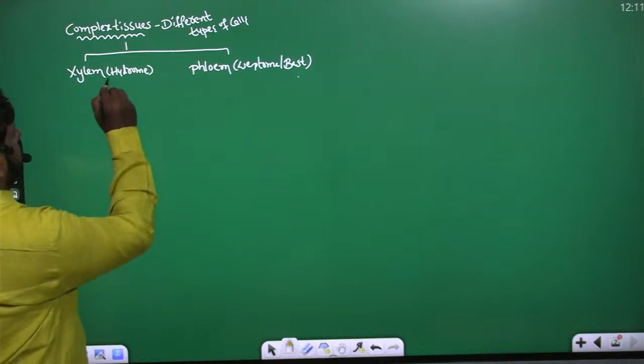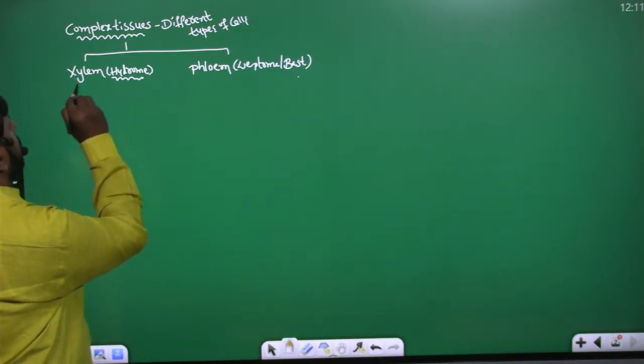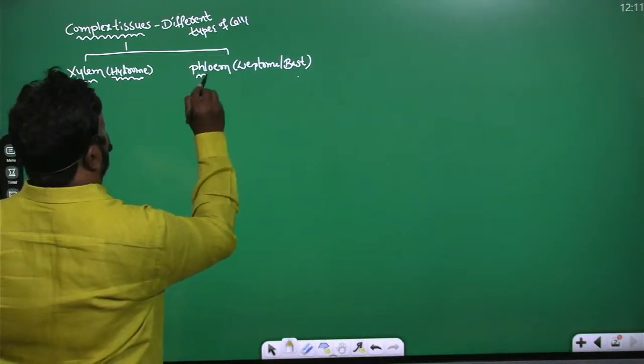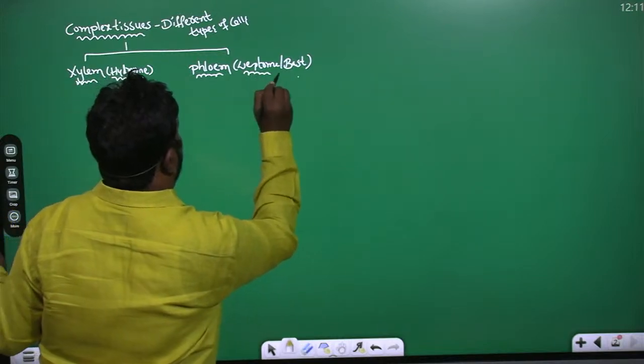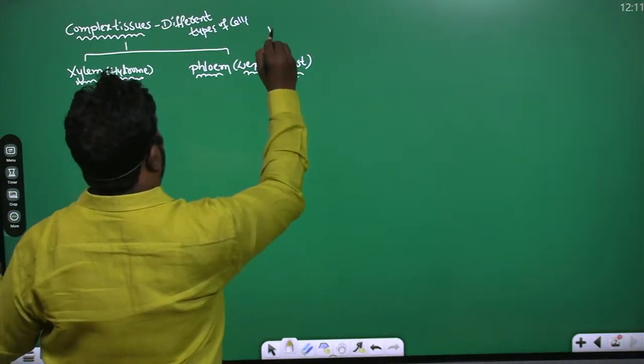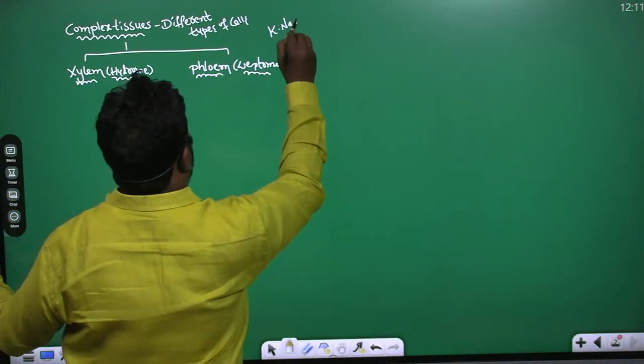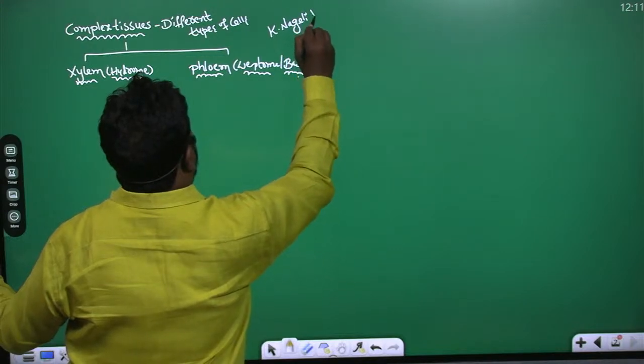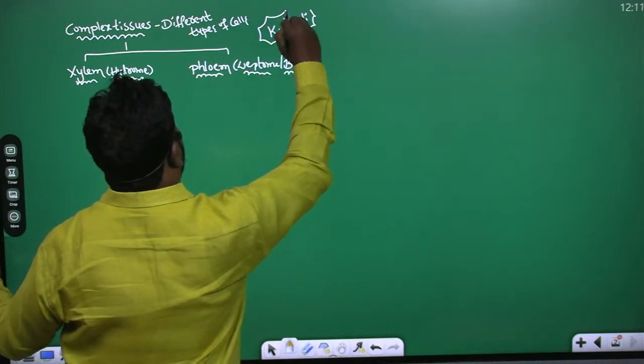See, these terms hydrome, leptome and bast were proposed by the scientist K. Nageli. Scientist name is important.